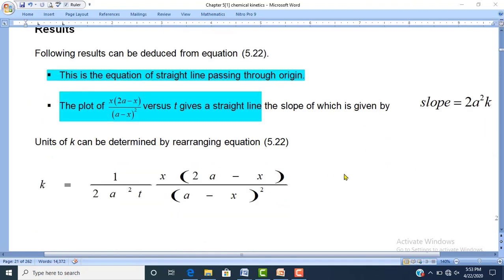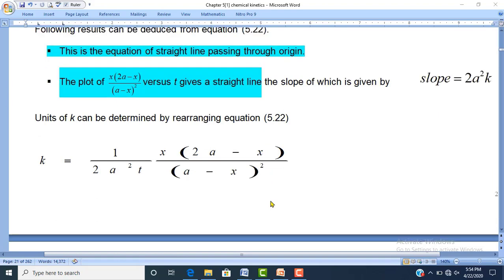And for the unit of rate constant, this equation 5.22 can be rearranged as follows: rate constant k is equal to 1 over 2 into a square into t into x into 2a minus x divided by a minus x square.